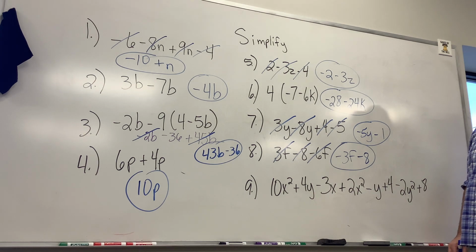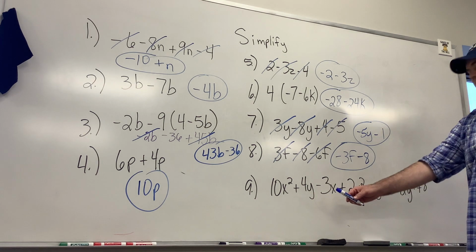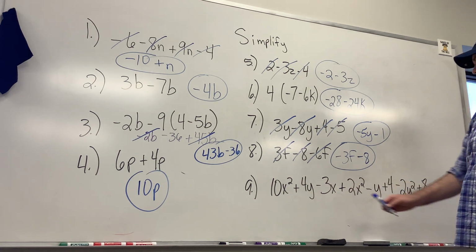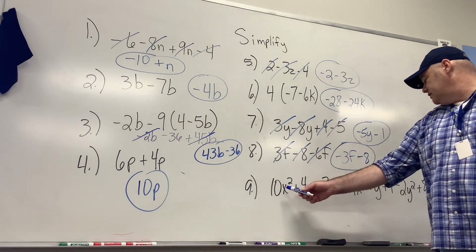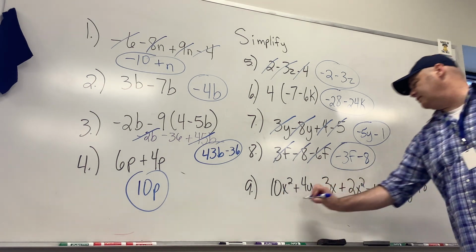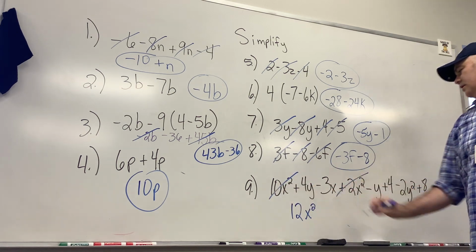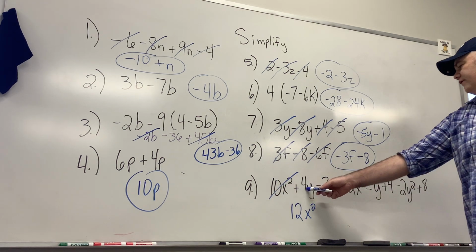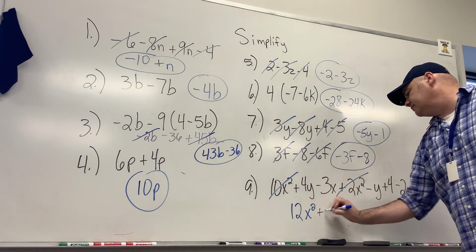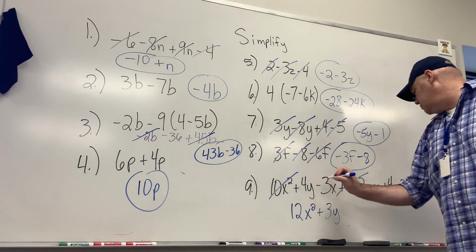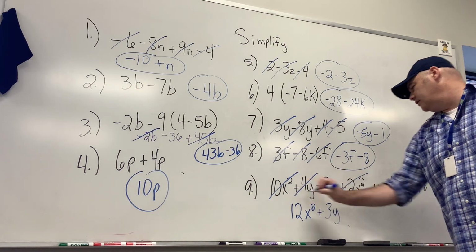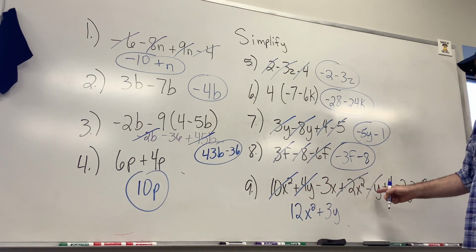And then the last one here, I put some exponents. So let's start with the x squared. We can do 10x squared plus 2x squared is 12x squared. We can do 4y minus y, which is 3y. And was there another y? No. 4y minus a y is 3y.